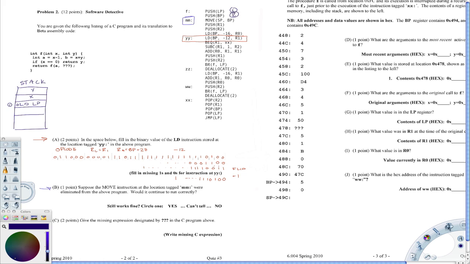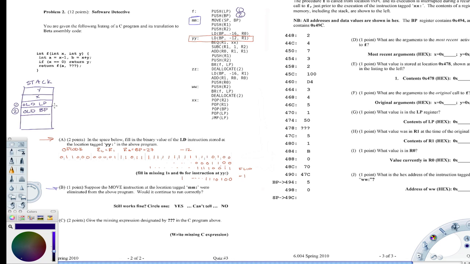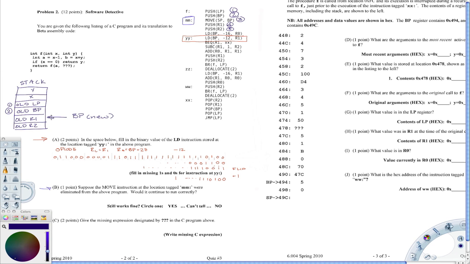Number 2 is we have the old caller's BP pushed, and then step number 3, we move the current stack pointer value to be the base pointer. So this is the new base pointer. And then after we do that, we do 2 other things. We have old R1 from the caller and old R2.